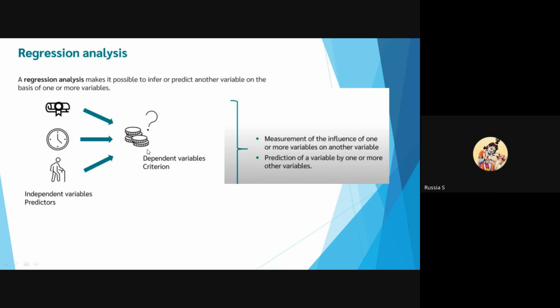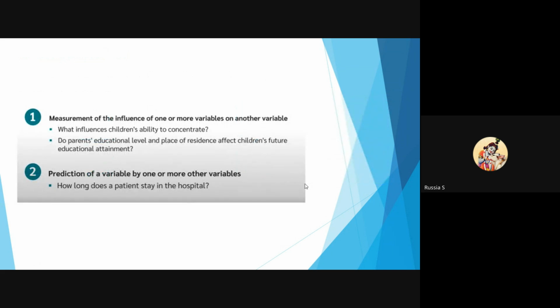This is the core concept behind regression analysis: measurement of the influence of one or more variables on another variable, and prediction of a variable by one or more other variables. So we do both, measurement as well as prediction.